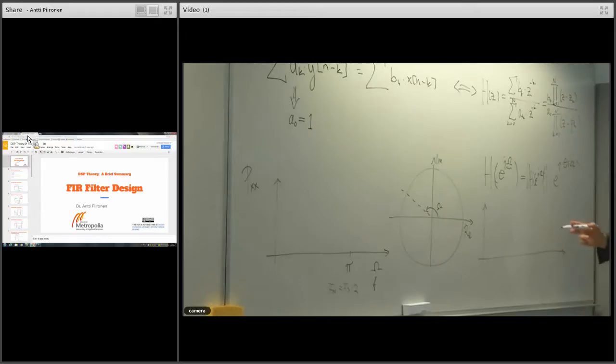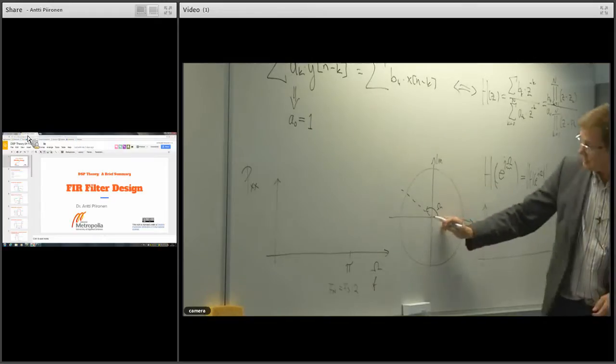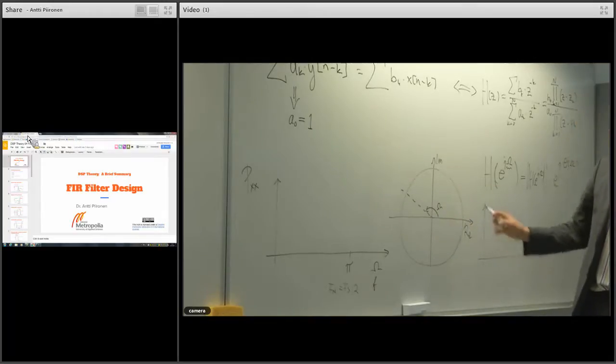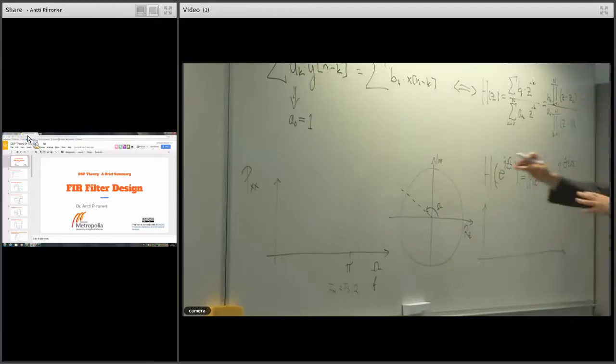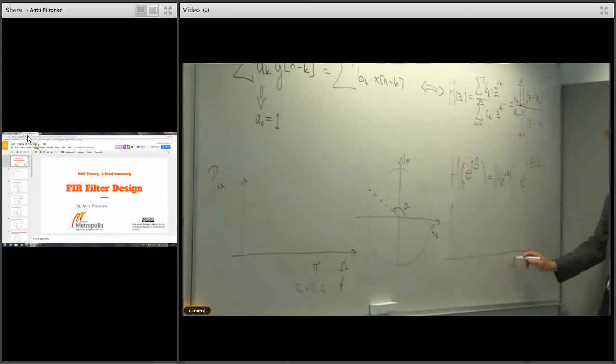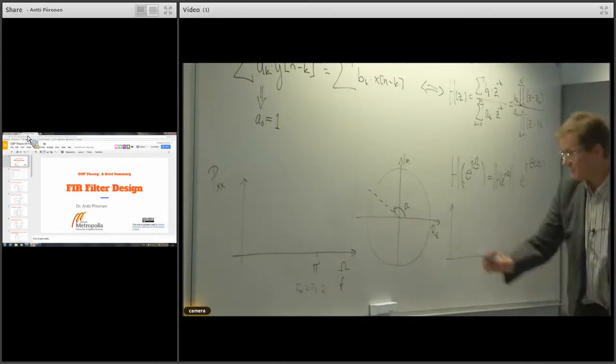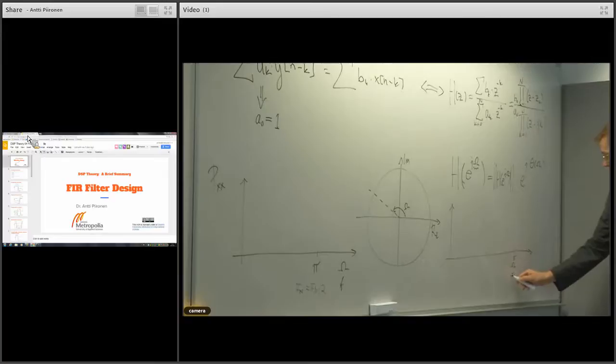That's simply the angular frequency. And now if we tie this into the system level, if we have omega at pi, we still have the same physical frequency here, fs over 2, or, well, the Nyquist frequency.